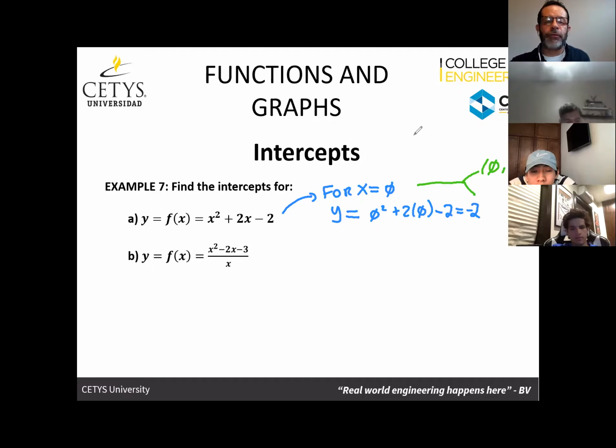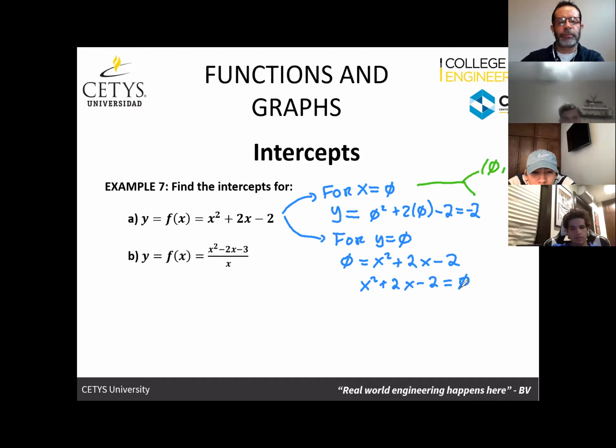And then for y equals 0, we're going to have 0 equals x squared plus 2x minus 2, or x squared plus 2x minus 2 equal to 0.